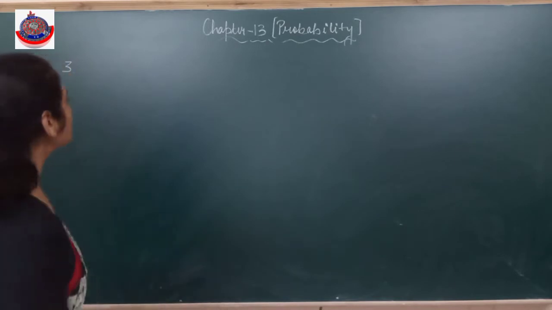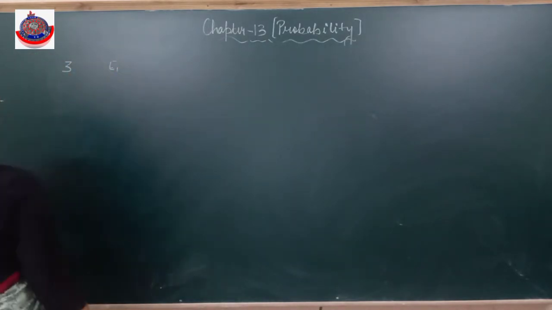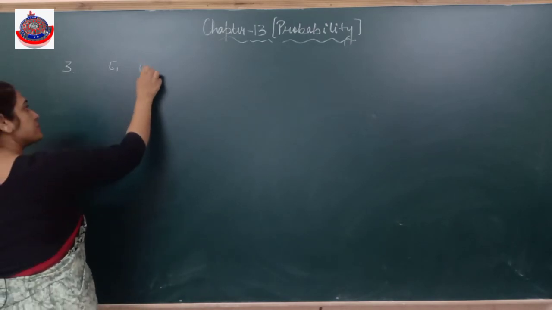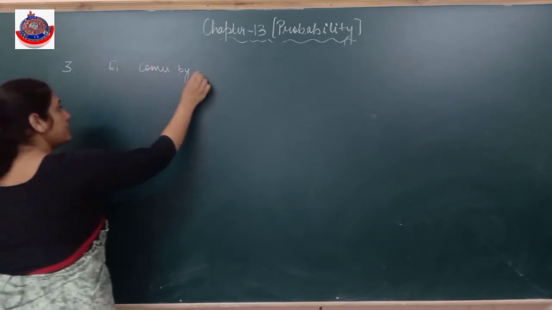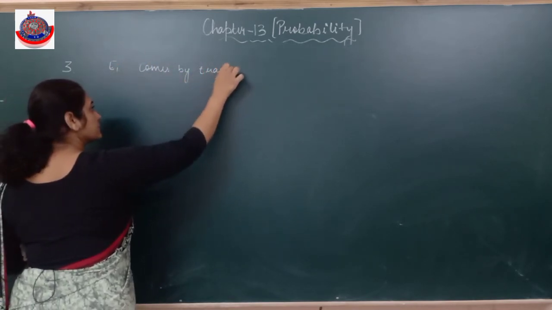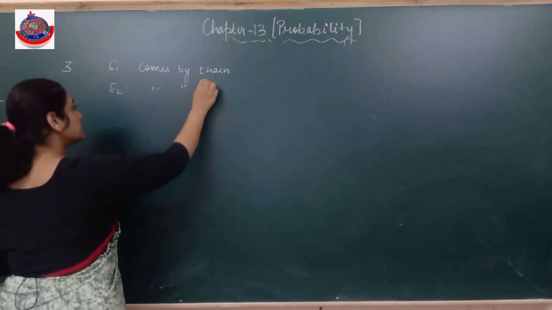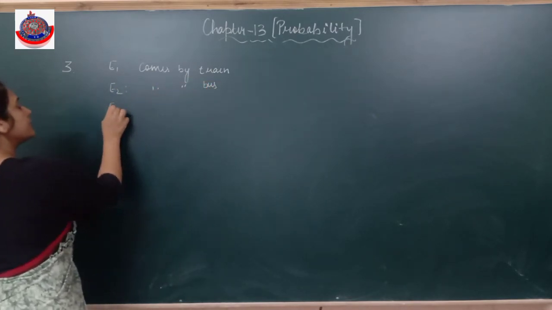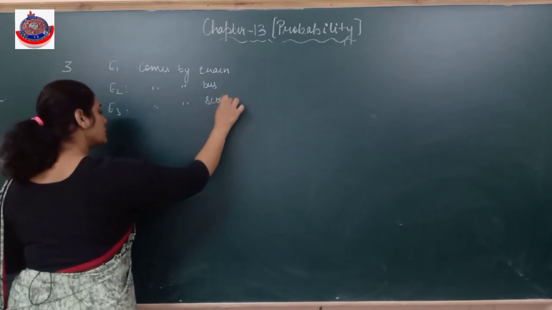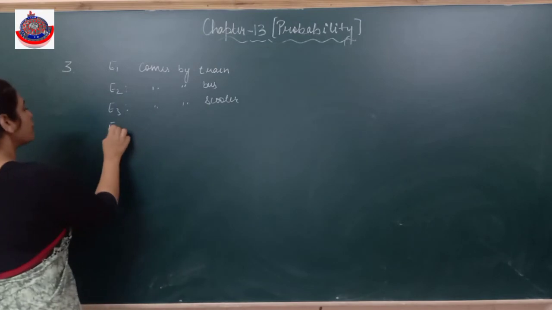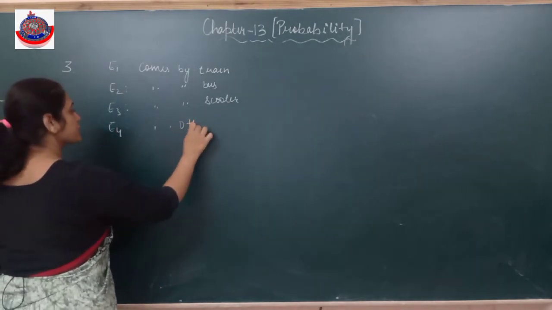So that means I'll just assume E1 is the event he comes by train, E2 is the event he comes by bus, E3 is the event he comes by scooter, E4 is the event he comes by other means of transport.